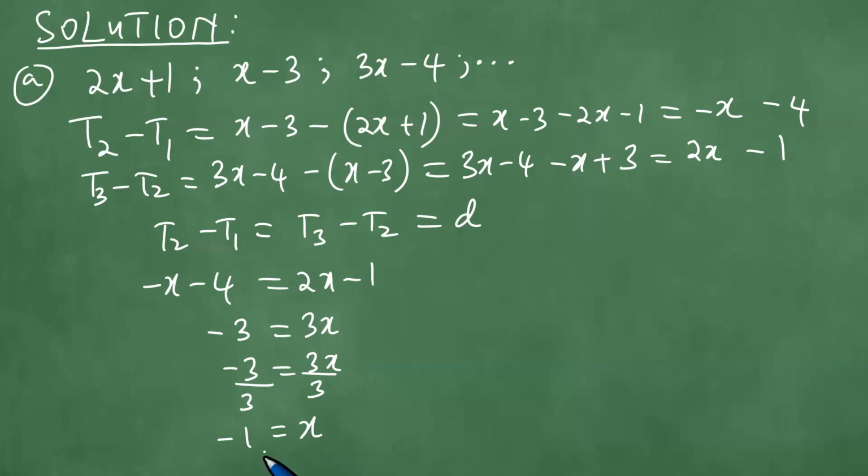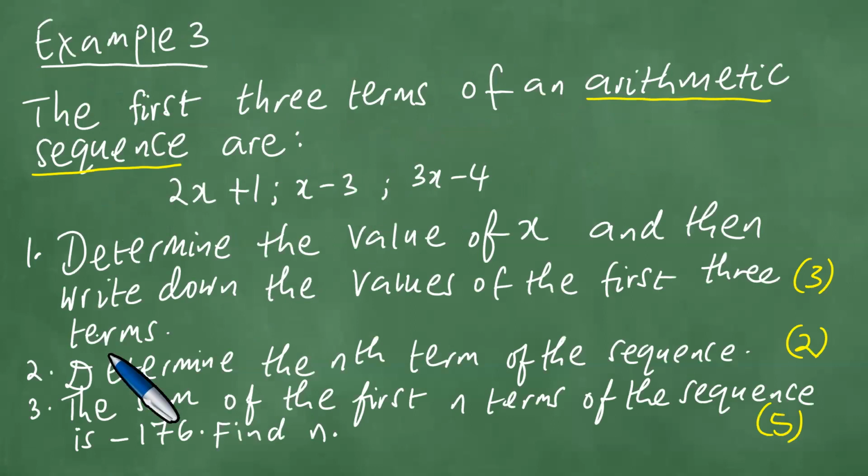Because the first question was, we need to find x, this implies that x equals minus 1. Now, we've already found the value of x to be minus 1, and then write down the values of the first 3 terms.